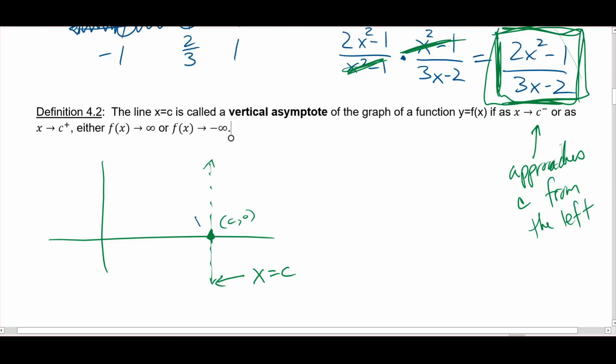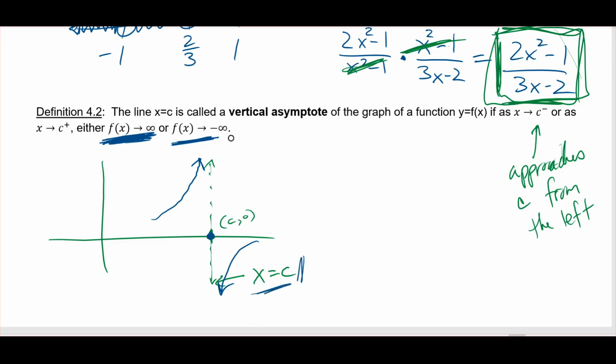The function's not going toward that point, but as we move our x values toward that point, if the function goes toward infinity, so that means if the function gets really, really big as I approach my x value, x equals c, or if that function gets really, really small or really, really low on the graph, right? It goes down, down, down forever. We call this a vertical asymptote. The line x equals c is a vertical asymptote here.